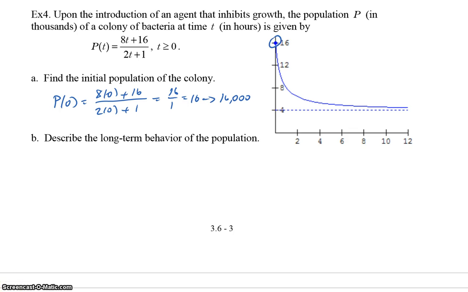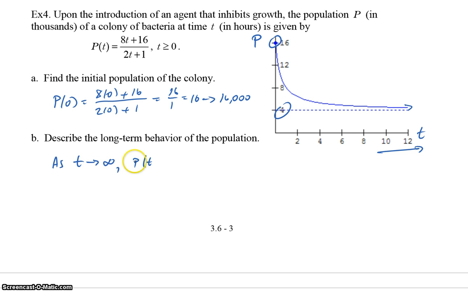Part B says to describe the long-term behavior of the population. What we could say here is that as t approaches infinity, that is, as t gets larger and larger, this would be time, this is of course population here, you can see how the population is approaching 4,000.